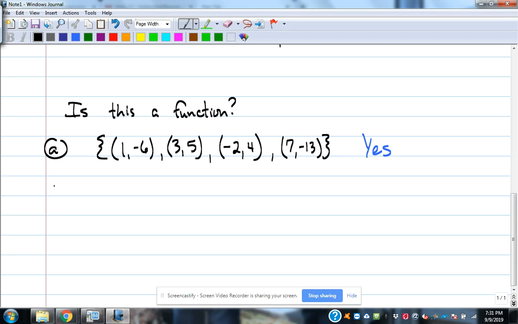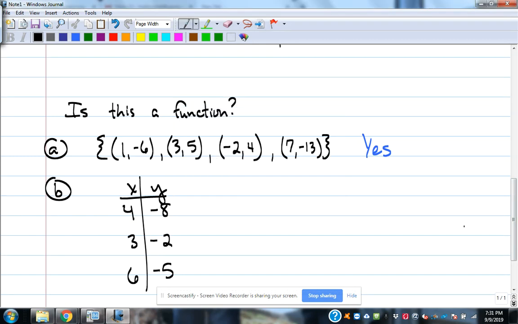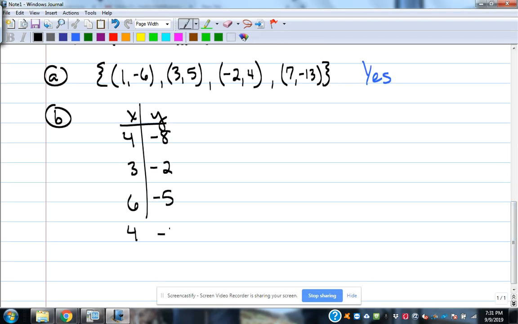And then they could also use a table to represent a relation. So we've got a set of ordered pairs there: 4, negative 8, 3, negative 2, 6, negative 5, and then 4, negative 6. Is that a function?